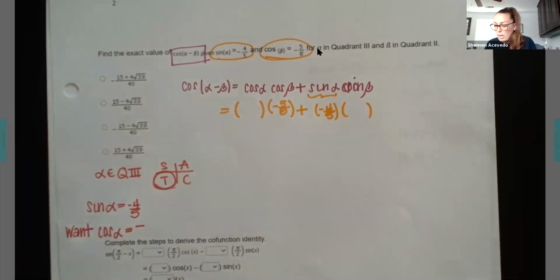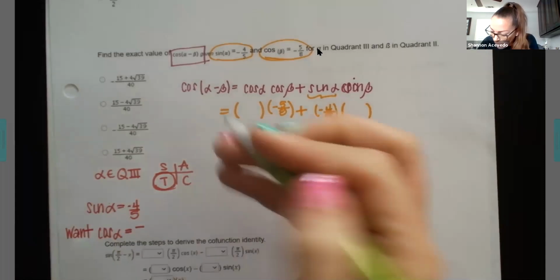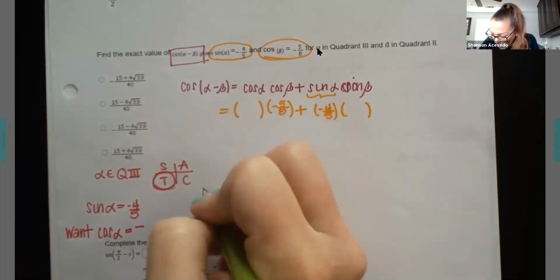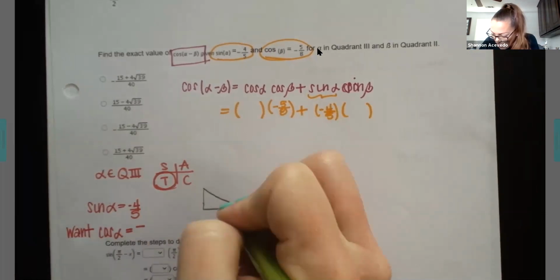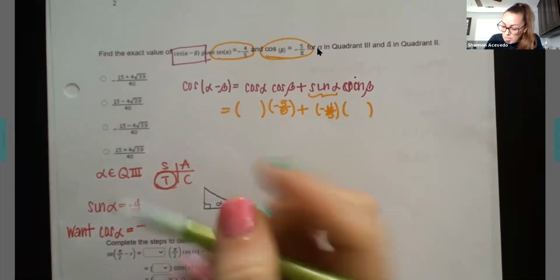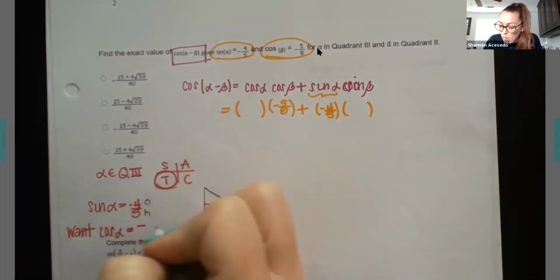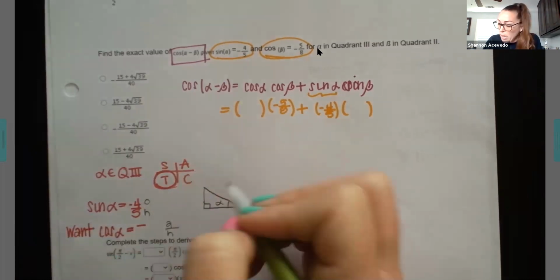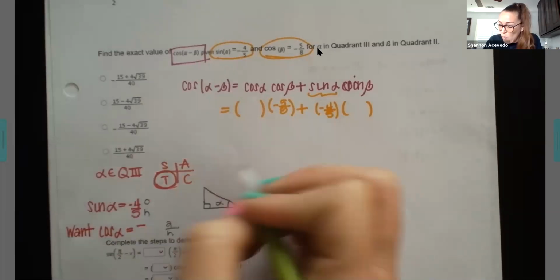And this is where I go ahead and make my triangle. So here's what I know. I have a right triangle. I know this is my angle alpha. I know that this is my opposite over my hypotenuse, and I want my adjacent over my hypotenuse, right? Because it's cosine. So my opposite side was 4.